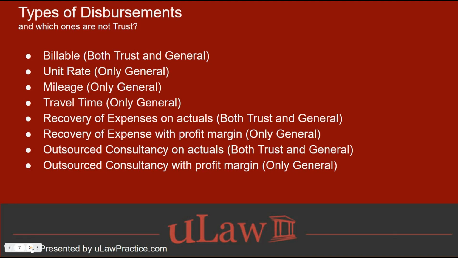You may decide that that's not something that you had agreed upon on paper with the client, and you know that they're not going to pay for it. So you're pretty much assuming a bit of a loss there, but paying for it from your firm's perspective. If that's the case, then please do utilize the general account.